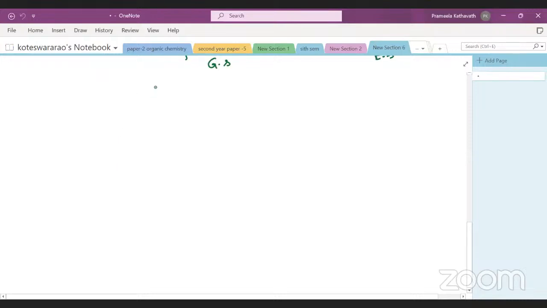Next one, n to pi star. Generally, we have the pi and pi star electronic transition states, and there is a non-bonding energy level. In this non-bonding energy level, there is a pair of electrons.